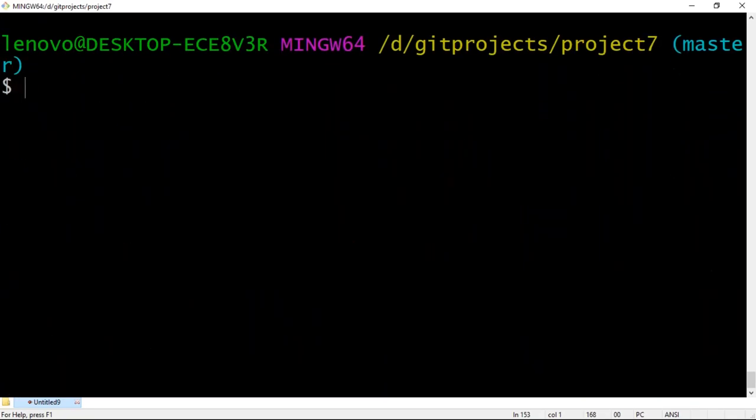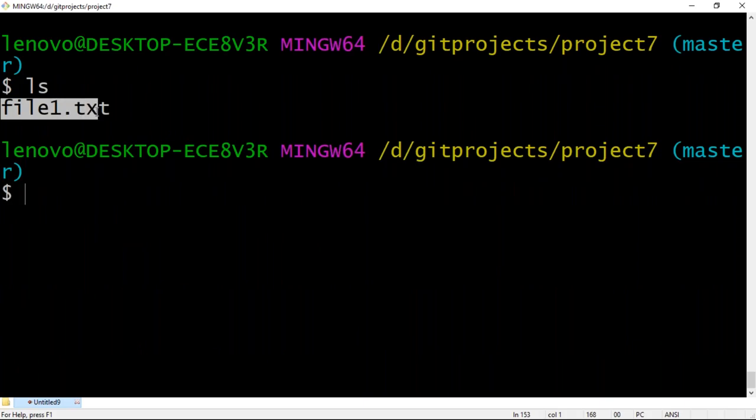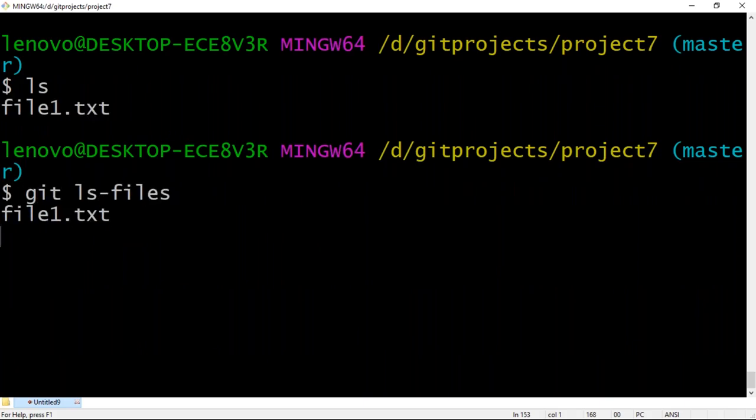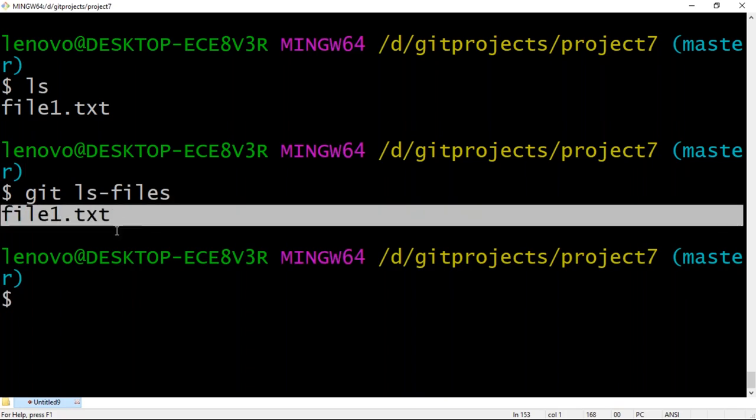With ls, it is there in the working directory. With git ls-files, yes, it is there in the staging area. The file is not removed even though you used git reset. Only the changes are ignored. Any doubt?